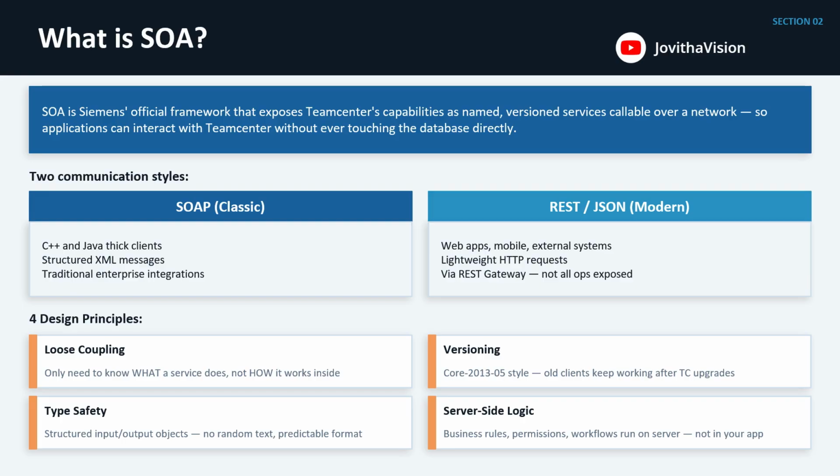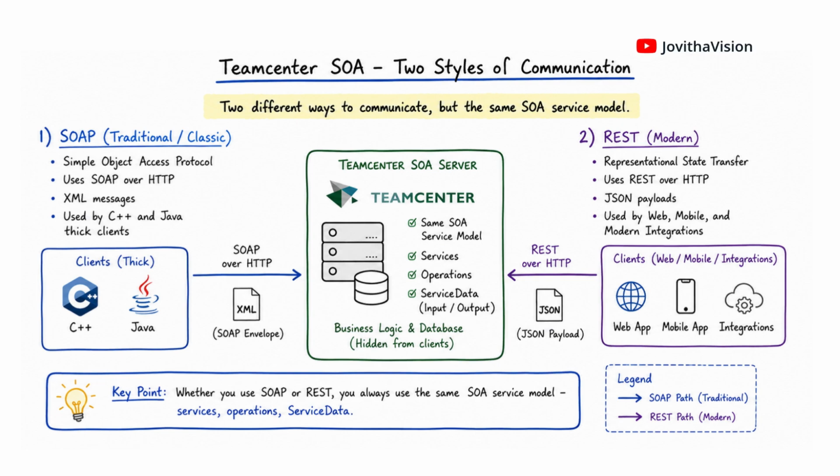Now, one thing worth knowing even at this stage. Teamcenter SOA has two styles of communication. The traditional classic style uses SOAP, which stands for Simple Object Access Protocol. This is the older way used by C++ and Java thick clients.